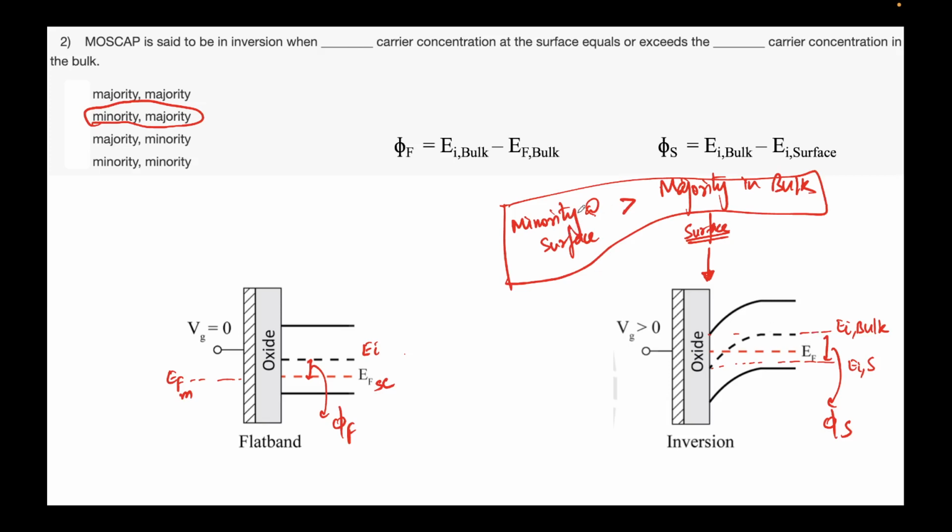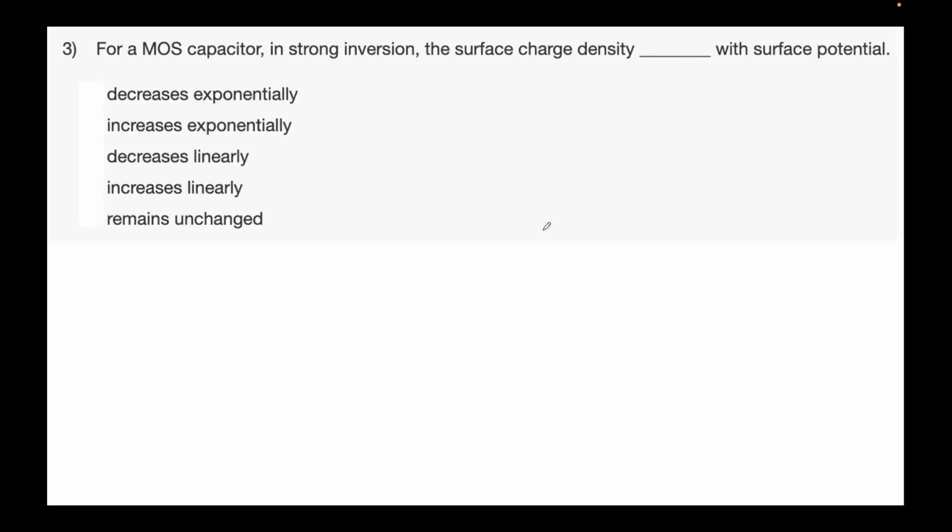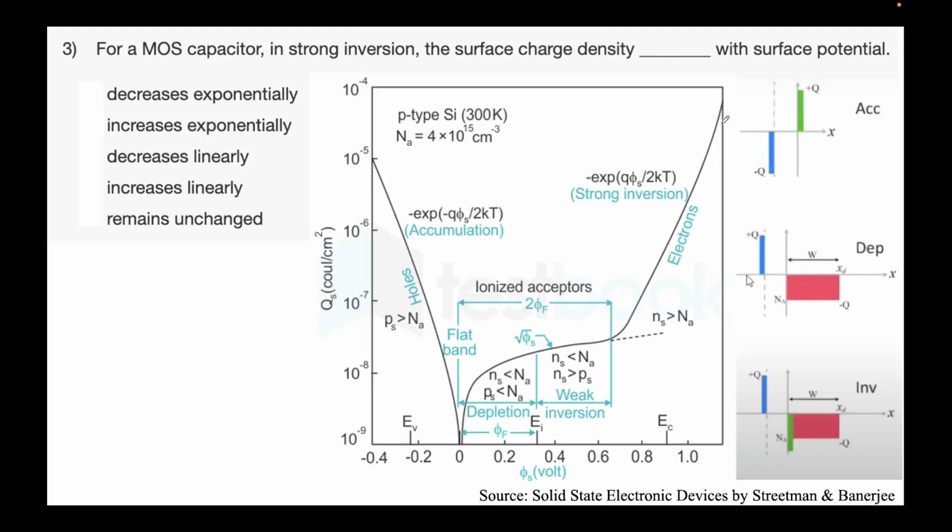Now I have said that the concentration increases at the surface, but there must be some other mathematical constructs which we invoke in this problem. So here we know that in inversion the charge density of minority charge carriers will increase. But what is the relation? On your right you can see the three regimes, right? We just saw them. We saw accumulation, negative charge here and a positive charge here.